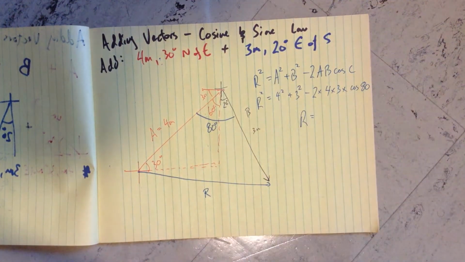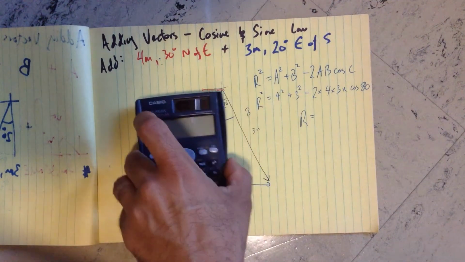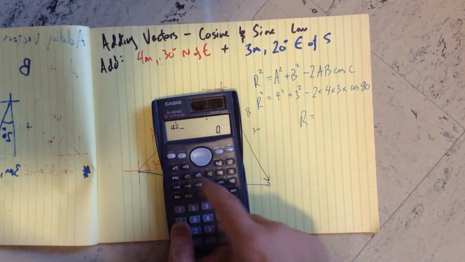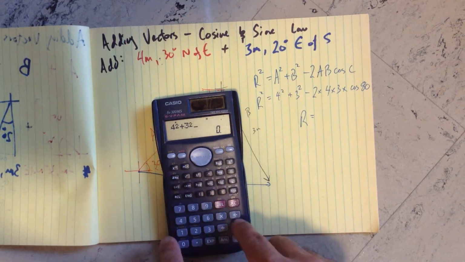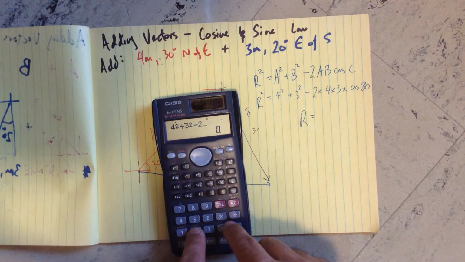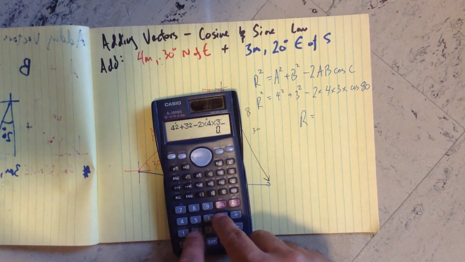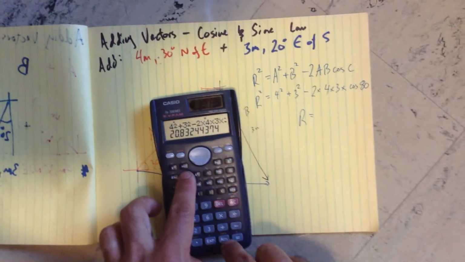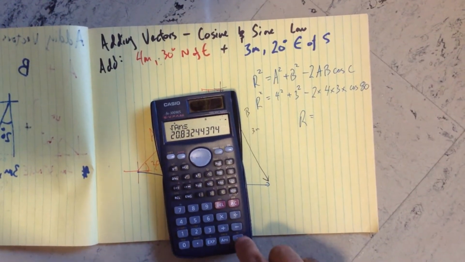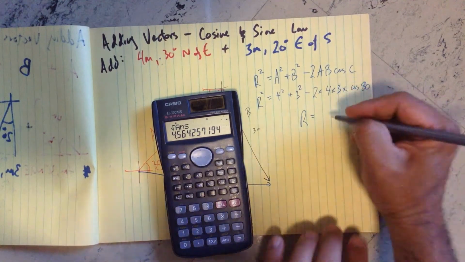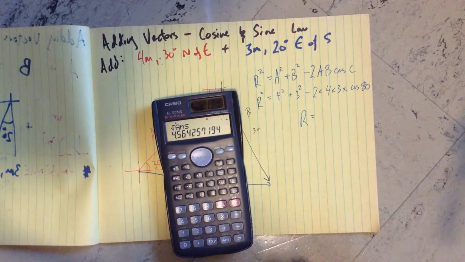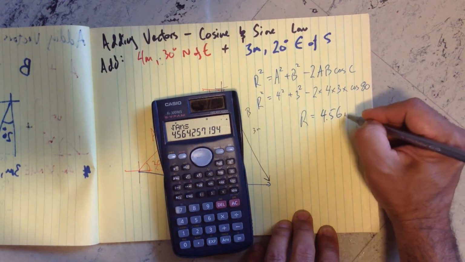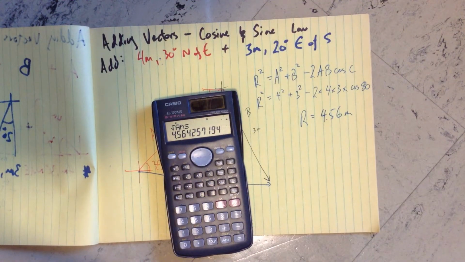And so we can work out a value from that for R. So 4 squared plus 3 squared minus 2 times 4 times 3 times cos 80, and then square root our answer, and we get 4.56 meters.